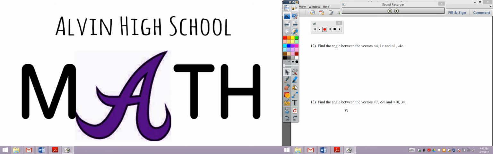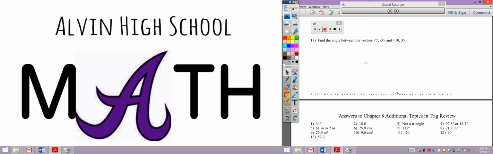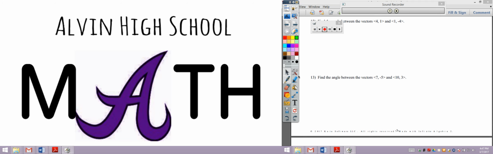All right, last one, so exciting. All right, so cosine inverse of dot product in the numerator, 7 times 10, -5 times 3, magnitudes in the denominator, 7 squared is 49, -5 squared is 25, 10 squared is 100, 3 squared is 9.